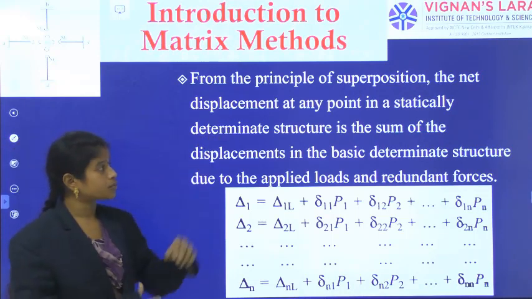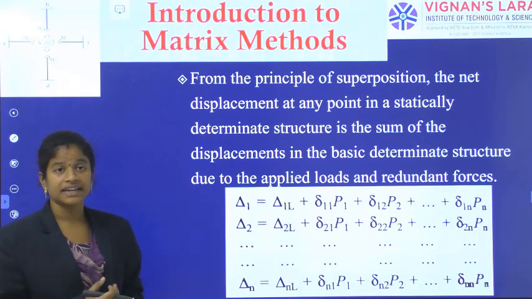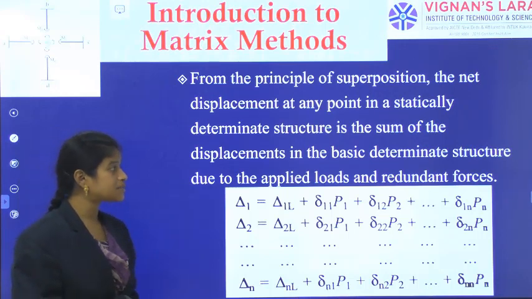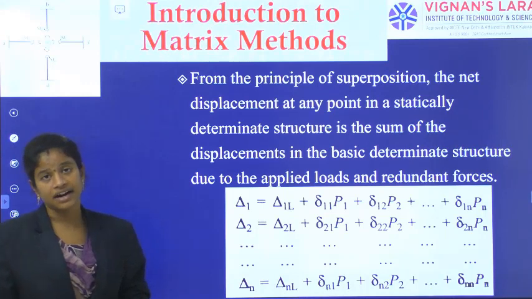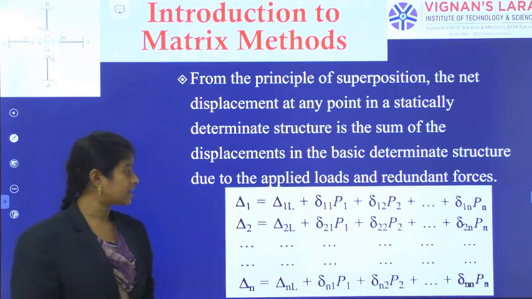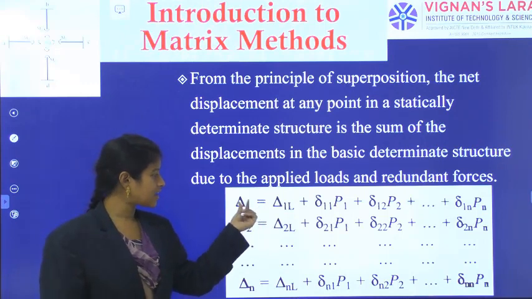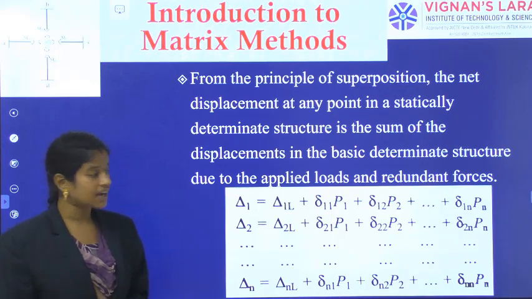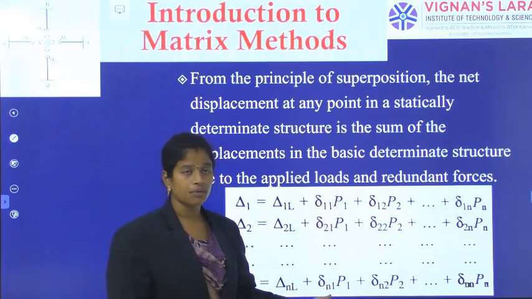From the principle of superposition, the net displacement at any point in a statically determinate structure is the sum of the displacements of the basic determinate structure due to the applied load and the redundant forces. As you already know, this is the summation happening, and delta 1 is equal to delta 1 due to the load application, from the normal concept.